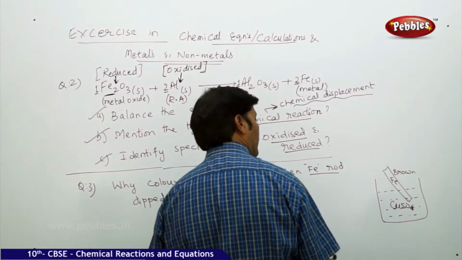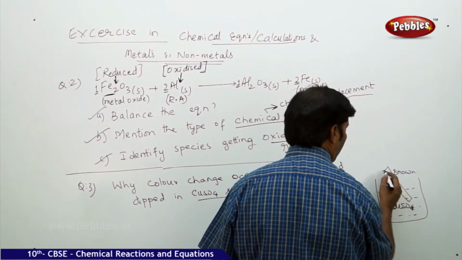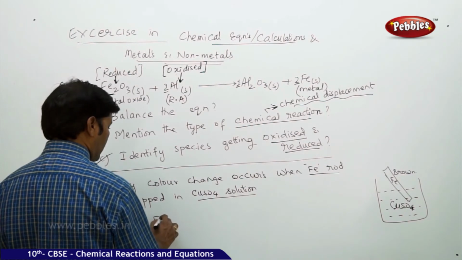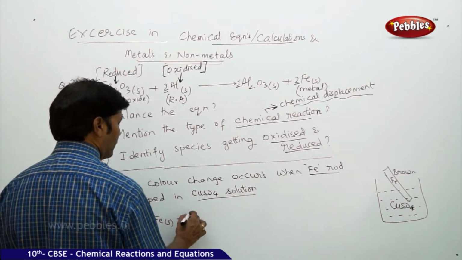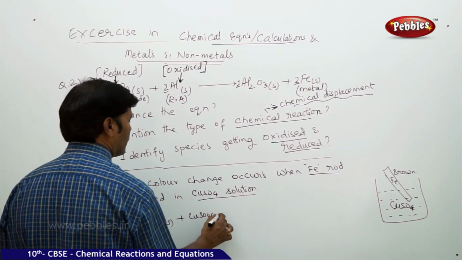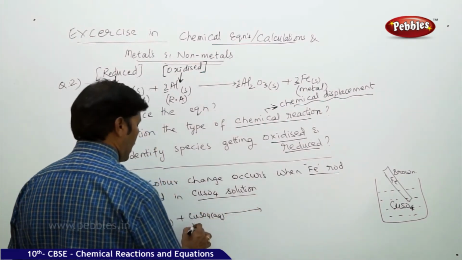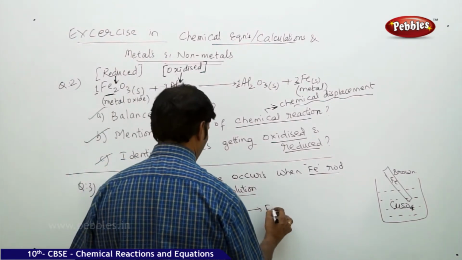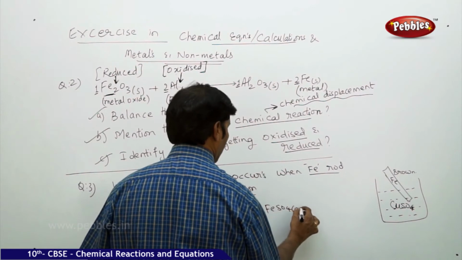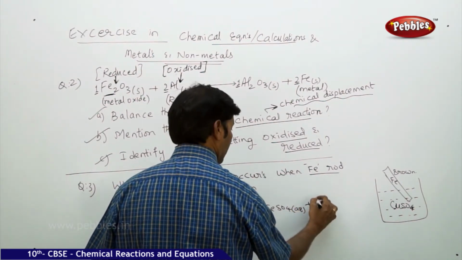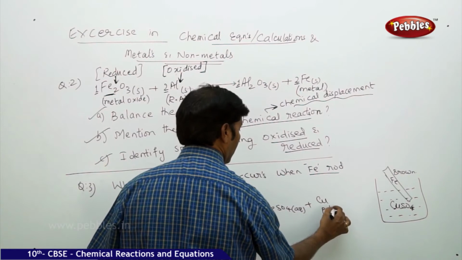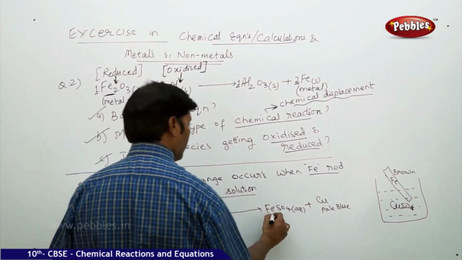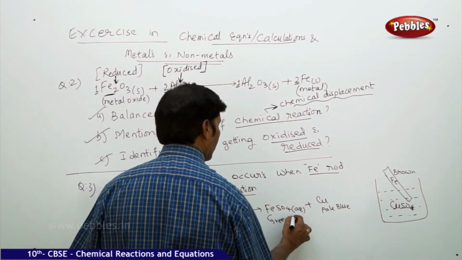Here what is happening is, once iron is dipped in copper sulfate, the reaction takes place like this: iron solid plus copper sulfate aqueous, this is dark blue, becomes ferrous sulfate aqueous plus copper, pale blue, and this is going to become greenish brown.